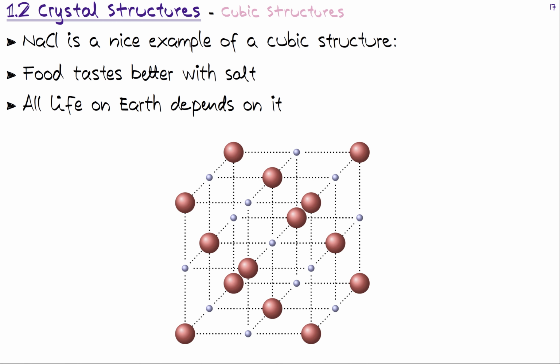And somehow I'm intrigued nowadays, at an older age, by biology and chemistry and all these other things, that it's a rich world that we have, and somehow sodium chloride to me is a nice example of this kind of richness. For example, why all life on Earth depends on sodium chloride seems to originate from the fact that we all come from the primordial sea, and we all are organisms that have evolved from sea creatures.